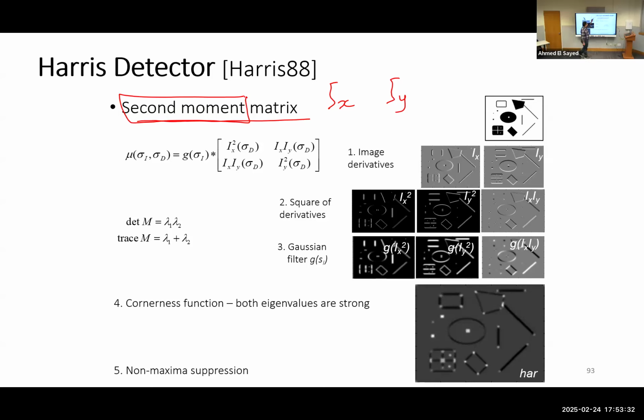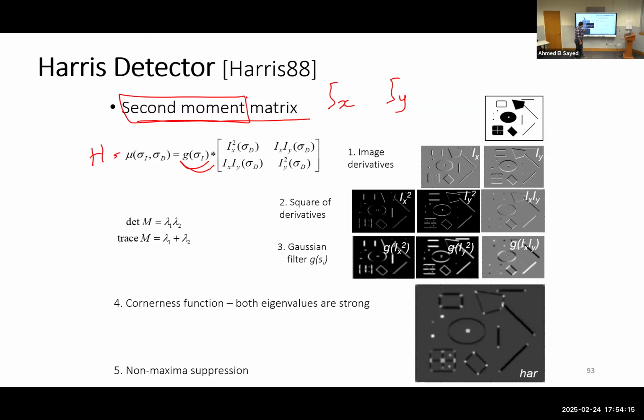Then I will have my shift window, and this shift window will be convolved with a filter to give higher priority to the middle, lower priority to the sides. This will give me my final H matrix. So this is the first derivative, Ix and Iy. Then I calculate the second moment, not the second derivative, the squared values of Ix, Iy, and Ix Iy. Then I apply the Gaussian over them.